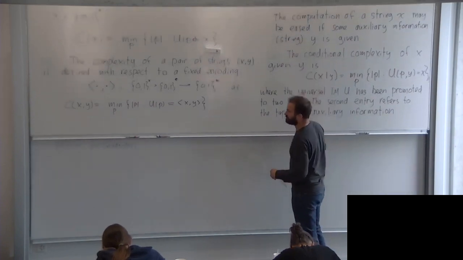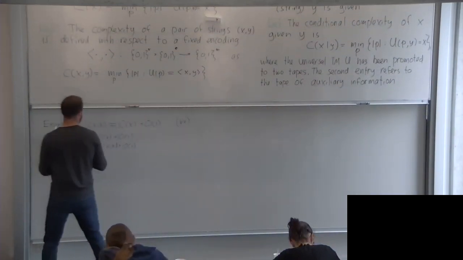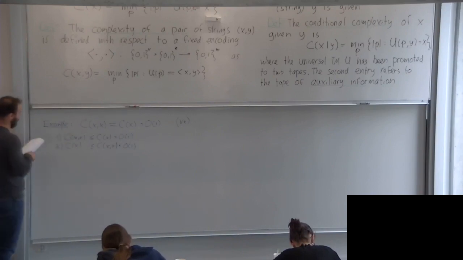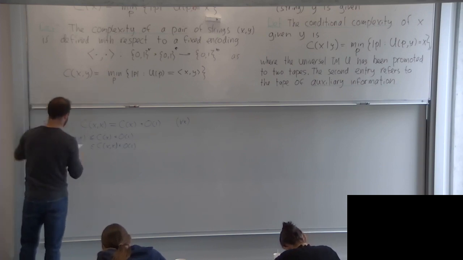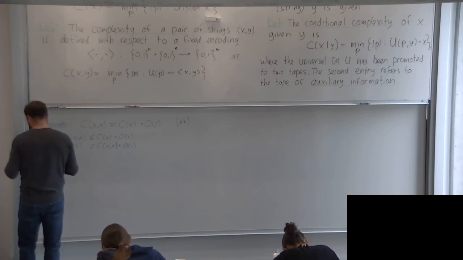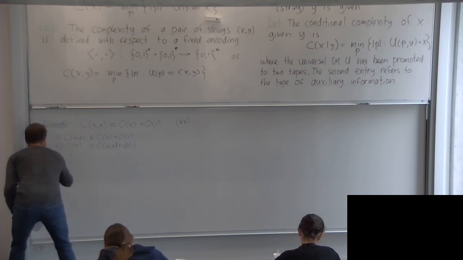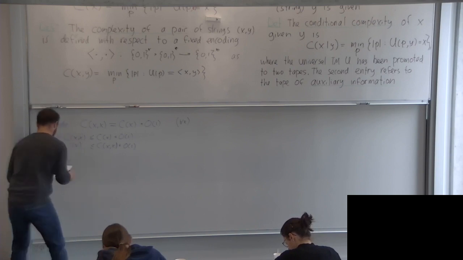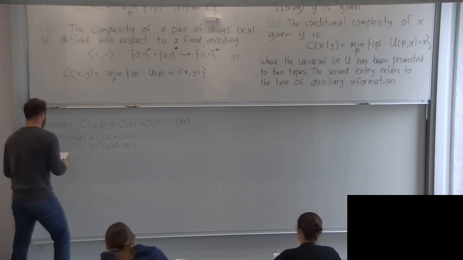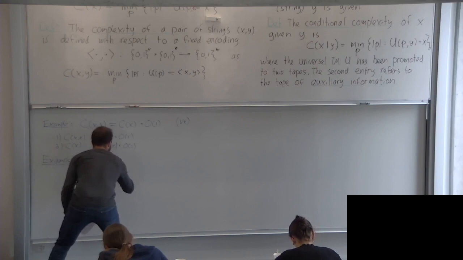Okay, another example, which we're going to play with now instead of tonight. This one is for tonight. What is an obvious upper bound for C of x given y?